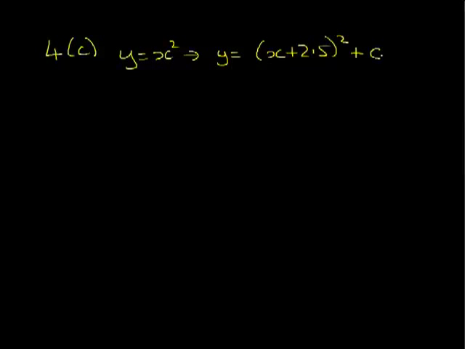Question 4, Part C. We need the geometrical transformation that maps the graph of y equals x squared onto the graph of y equals x squared plus 5x plus 7. To find what the transformation is, it's easier to write it in completed square form, and the name of the transformation is a translation.